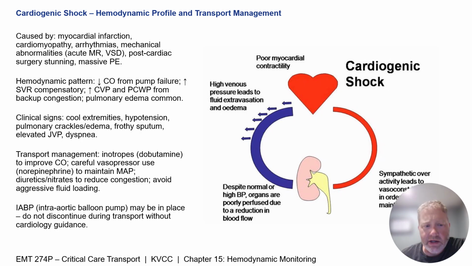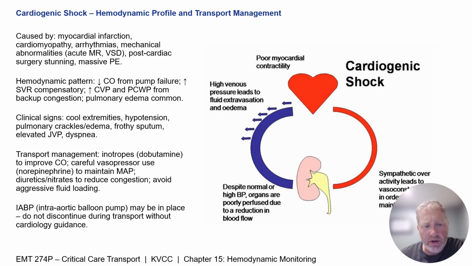As far as management for cardiogenic shock, medications like inotropes, like dobutamine, to improve the cardiac output, careful vasopressor use like norepinephrine to maintain MAP, and then diuretics or nitrates to reduce congestion, but avoid aggressive fluid loading.